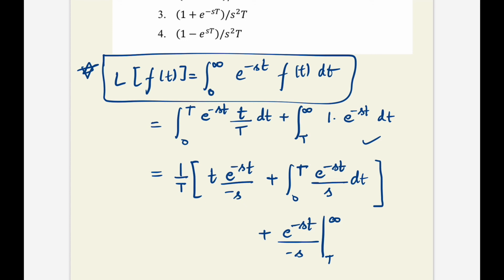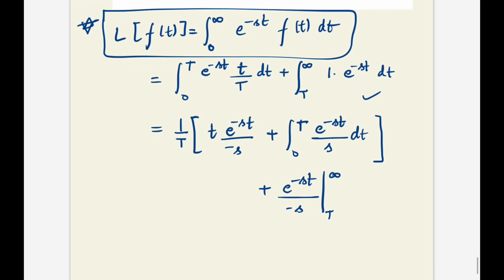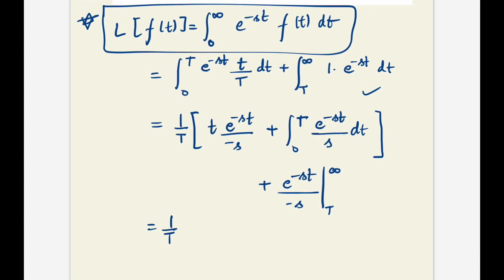Now another step is to solve the first integral only. 1 over T times minus t e to the power minus st by s, plus, again we are doing the integral of e to the power minus st. This will become e to the power minus st by s square.